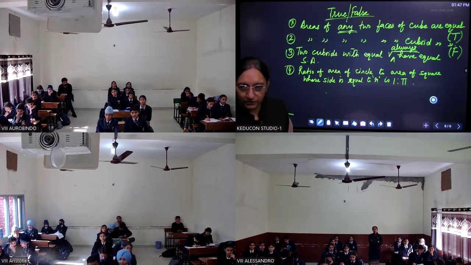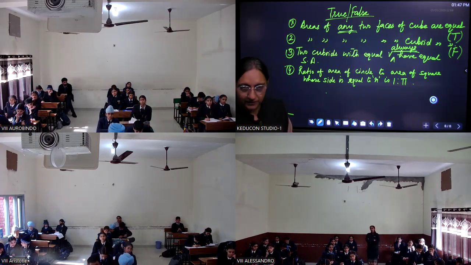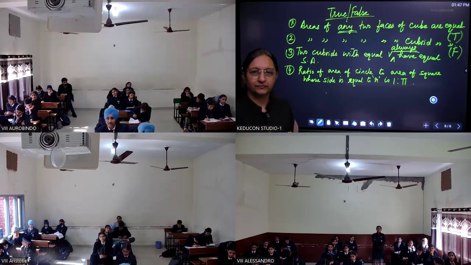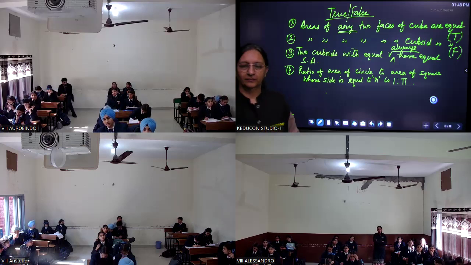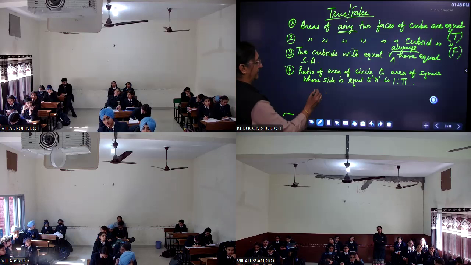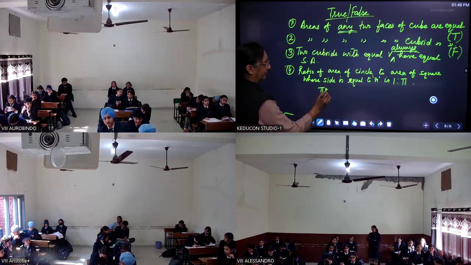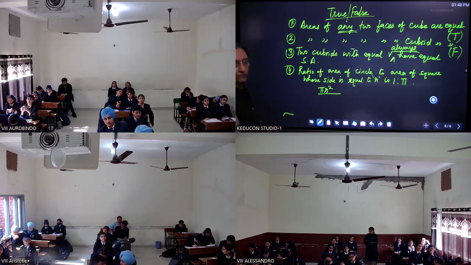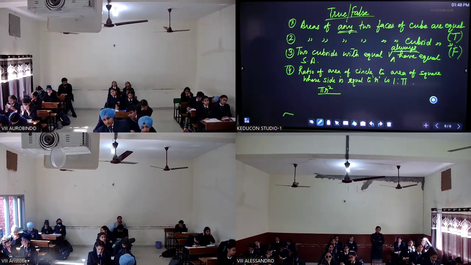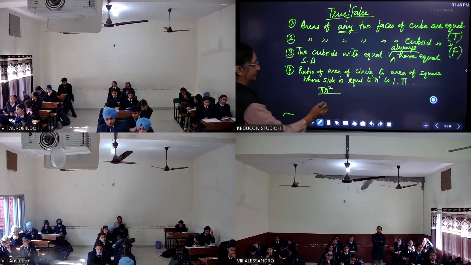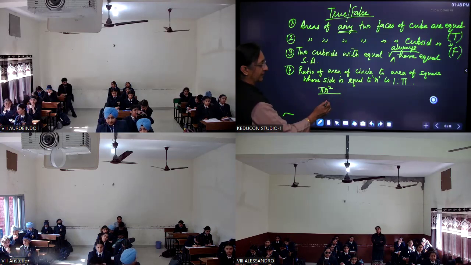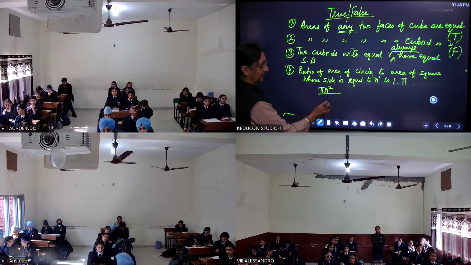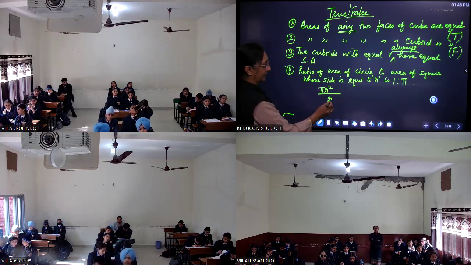Okay, how did you do? Can you explain to me, beta? Ma'am, because circle area is written first, so it will come in the numerator. Yes. And the area of square formula will come in the denominator. What will that be?